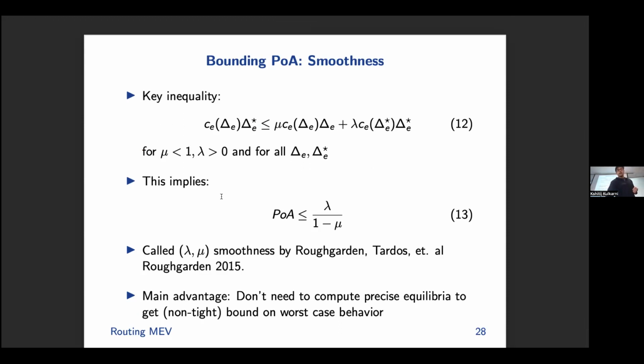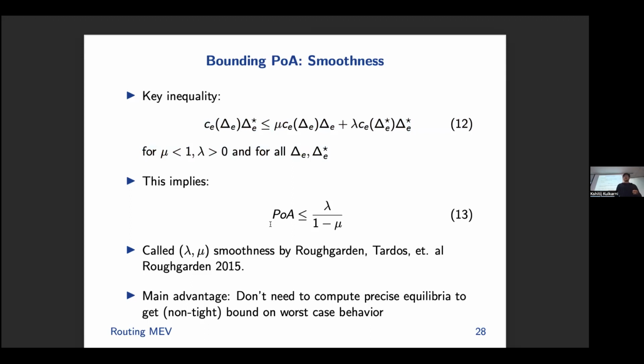You basically want to show this inequality up here, which they call inequality 12, which says that if you have any two allocations, any two trade sizes on any edge, delta E and delta E star, then the cost CE of delta E and delta E star should be upper bounded by some constant mu times CE under delta E plus lambda times CE under delta E star.